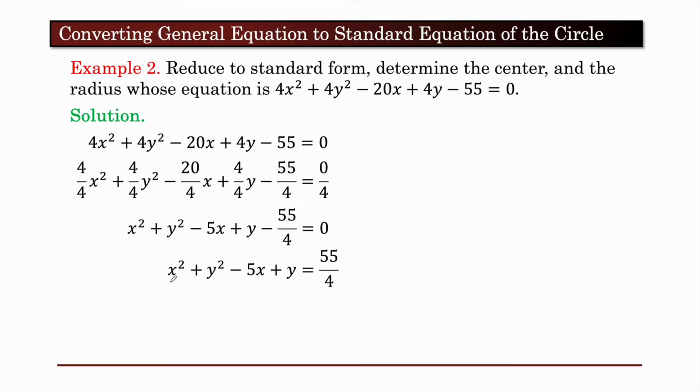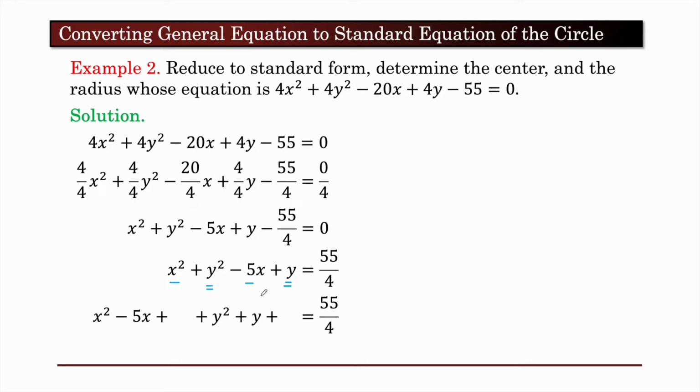So these are the x term and then the y term. So that we will obtain x squared minus 5x plus blank plus y squared plus y plus blank equals 55 over 4.